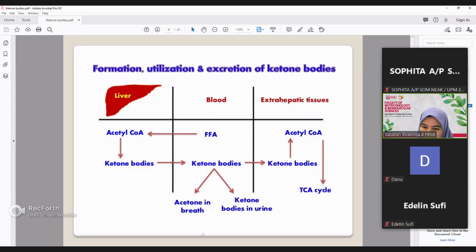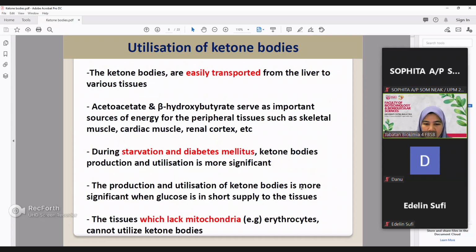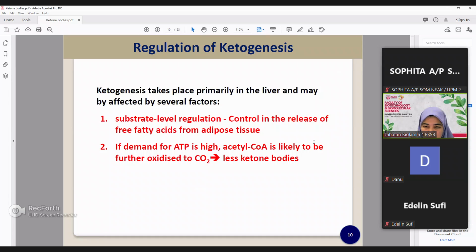Okay, so this one is on the utilization. I think we have discussed this along the way tadi. You can just read on the utilization of ketone bodies.